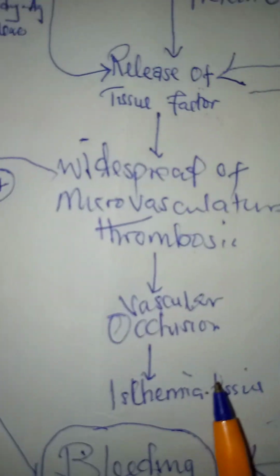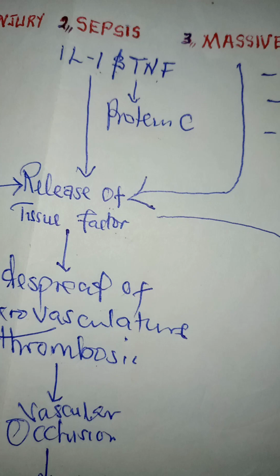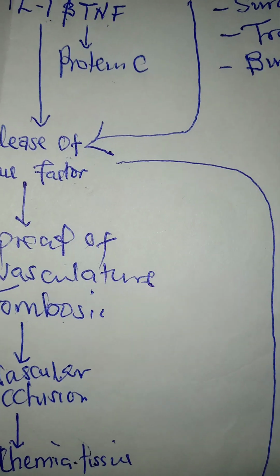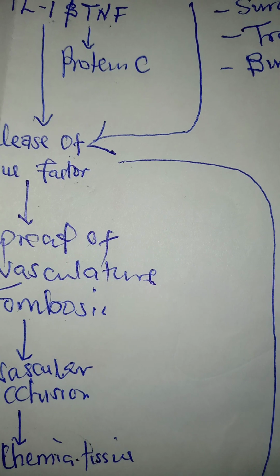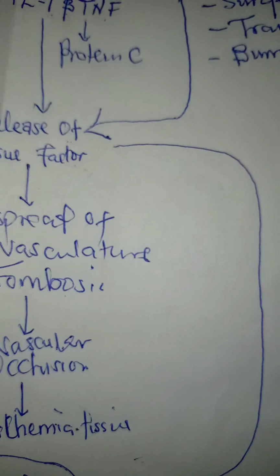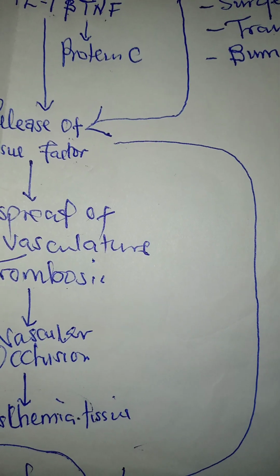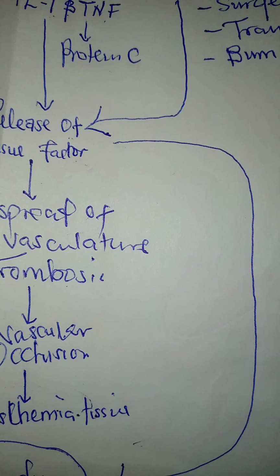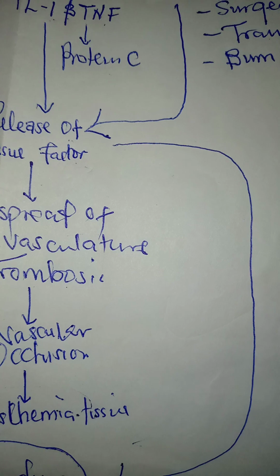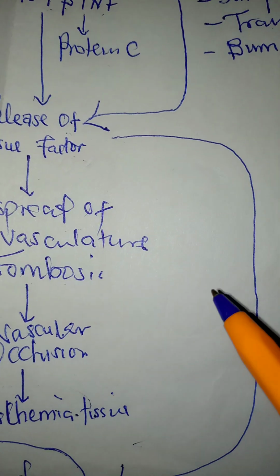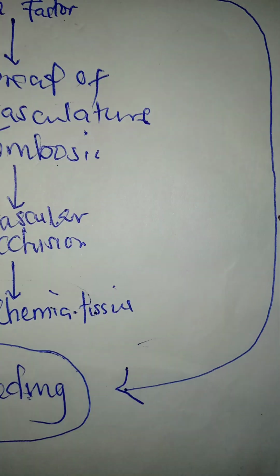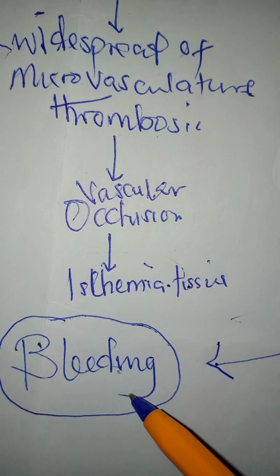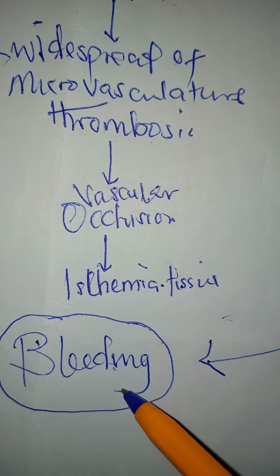Not only that, we also said in DIC there is consumption of platelets, right? So if we have consumption of platelets as well as coagulation factors, so if we consume those factors, our overall result is going to be bleeding as well, right?